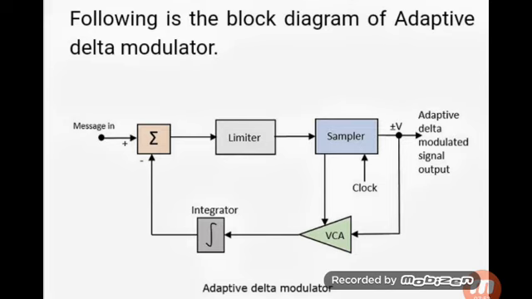The sampler converts the signals from continuous to discrete, and then the quantizer converts them from discrete to digital. These are the fundamental steps to convert signals from analog to digital.